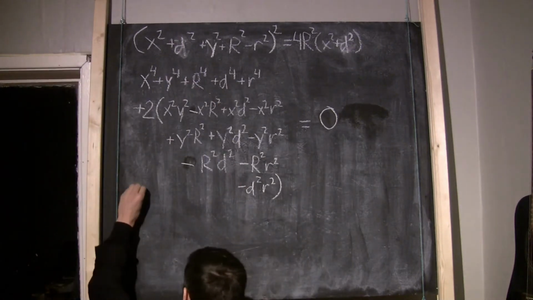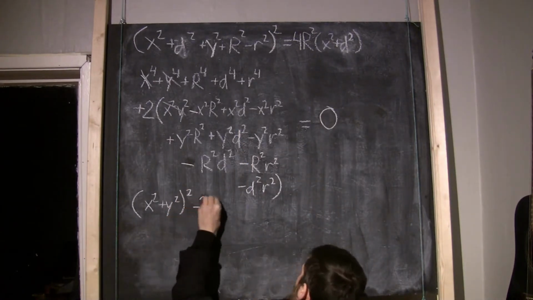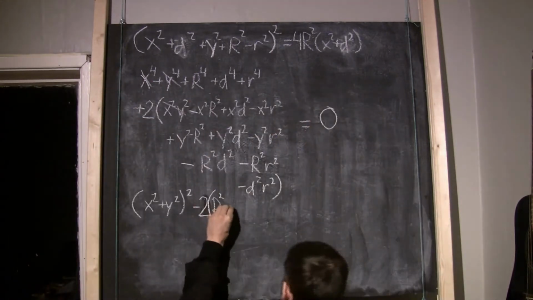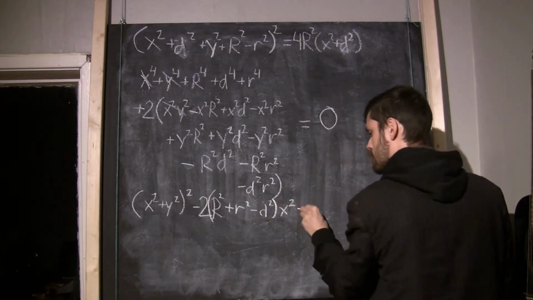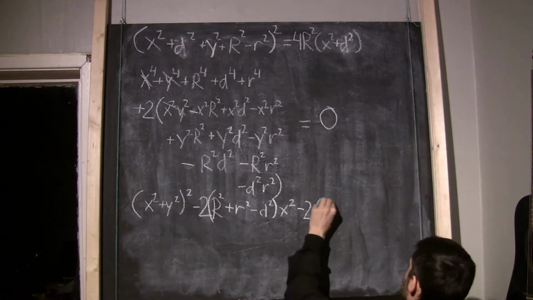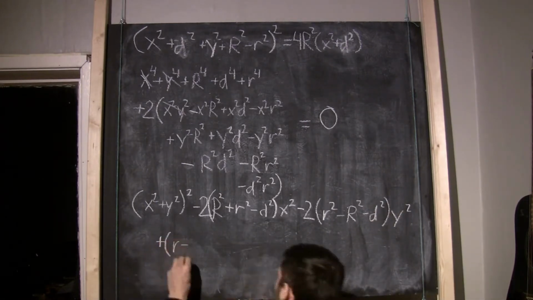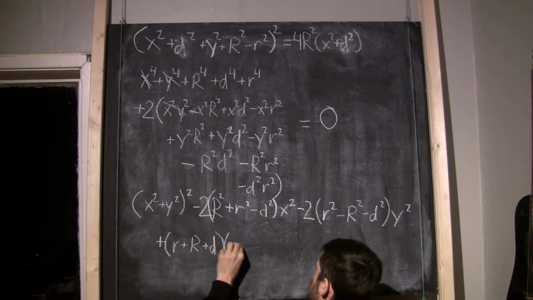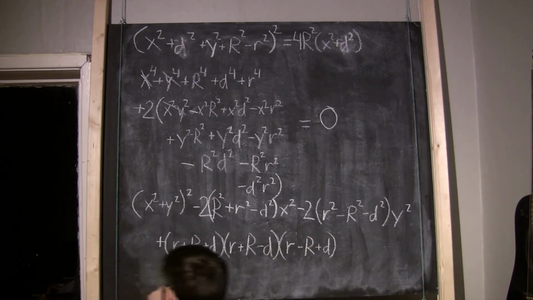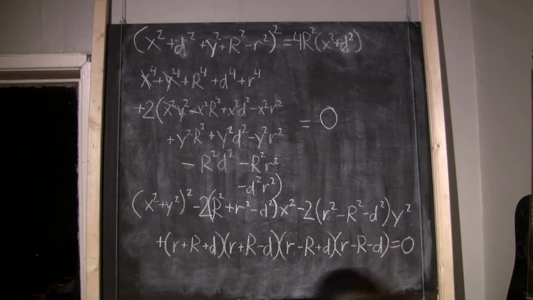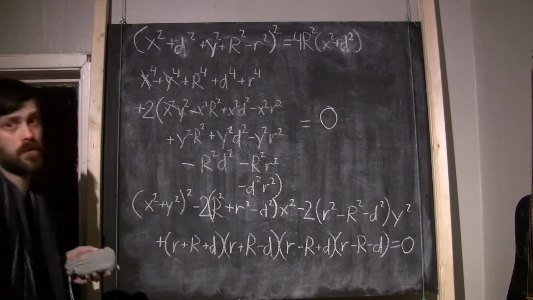So we can collect them as so we have that all of this is equal to this thing, which is equal to 0.